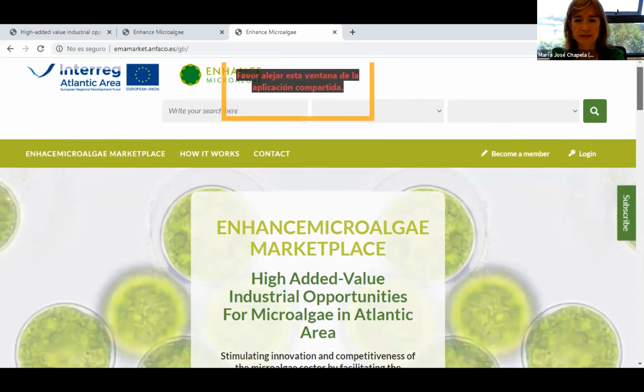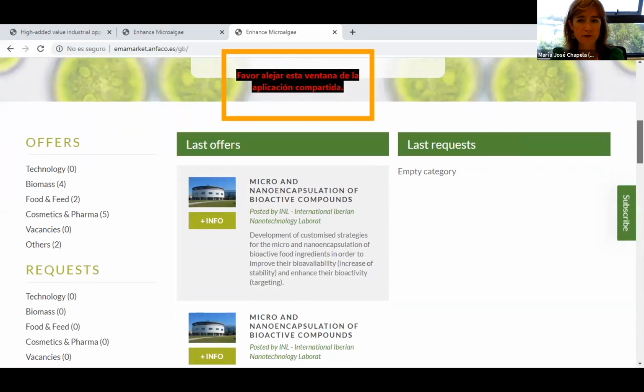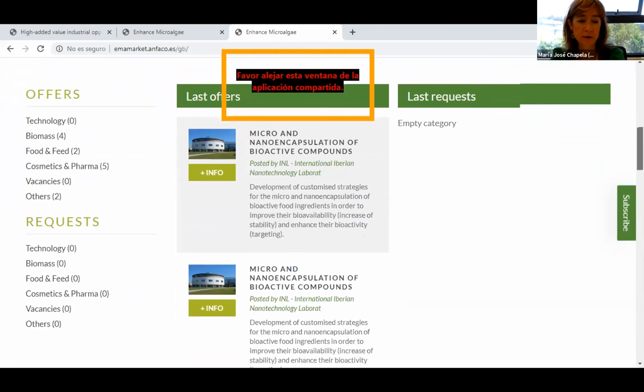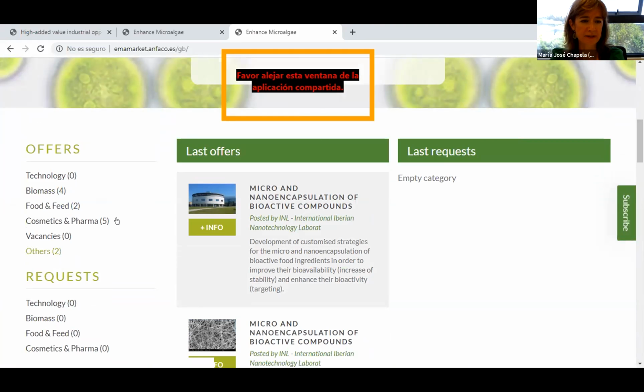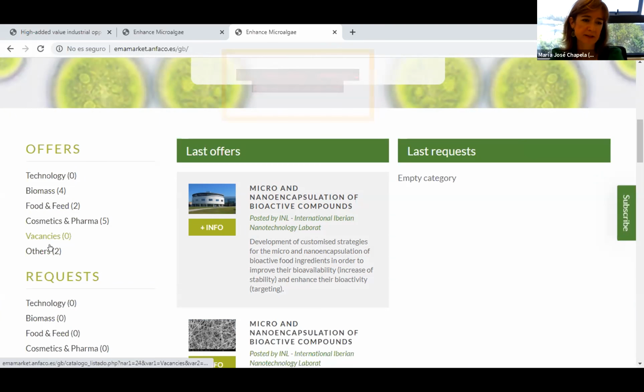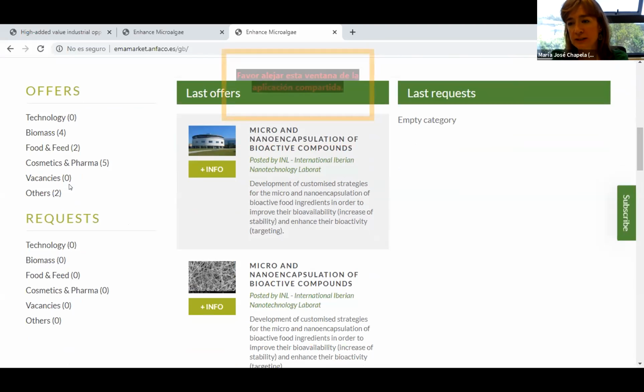You can see that here is the first part, and then you have all the offers and requests that we have until now. We are having some offers now. We classify the offers in technology, biomass, food and feed, cosmetics and pharma, vacancy, and others. Vacancies is an option for jobs in the microalgae field.